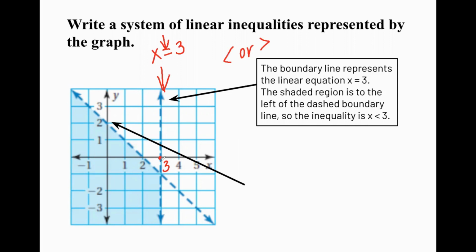So the way you determine this is whether it is to the left or to the right of your line. In this case, it's to the left towards the negative side, so we know that it's going to be less than. So your final inequality would be x is less than 3.